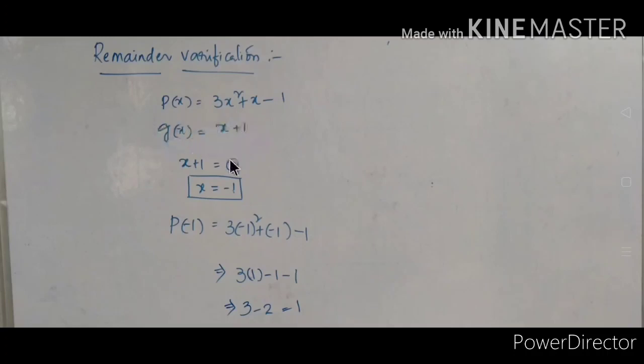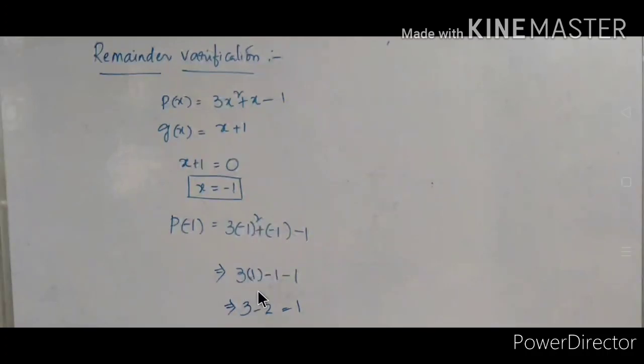Equating g of x equal to 0 means x plus 1 is equal to 0, so x is equal to minus 1. Substitute this minus 1 value in our given polynomial, that is p of minus 1 is equal to 3 into minus 1 whole square plus into minus 1 again minus 1, that is equal to 3 into minus 1 whole square, means 1, plus into minus minus and again minus 1.